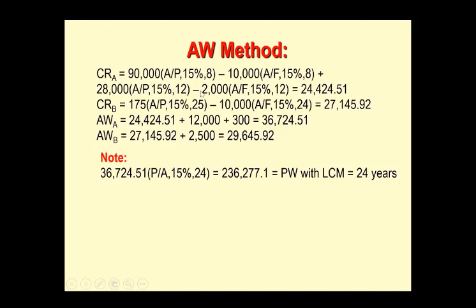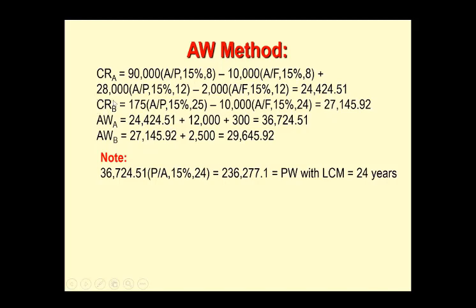Minus 2,000, which is the salvage value for the pet, times the sinking fund factor. And we get the capital recovery of plan A.